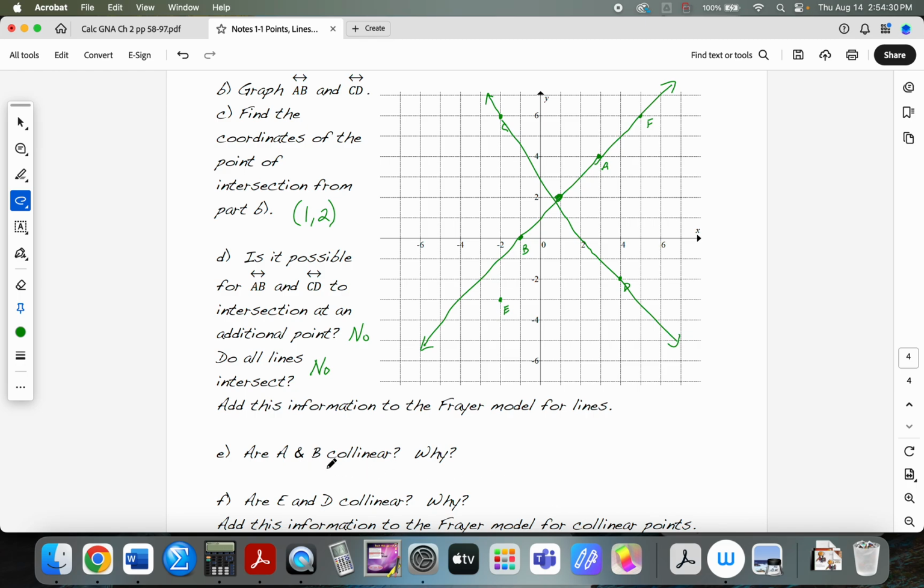All right, are points A and B collinear? Yes. Why? The easiest answer is they're both on line AB.